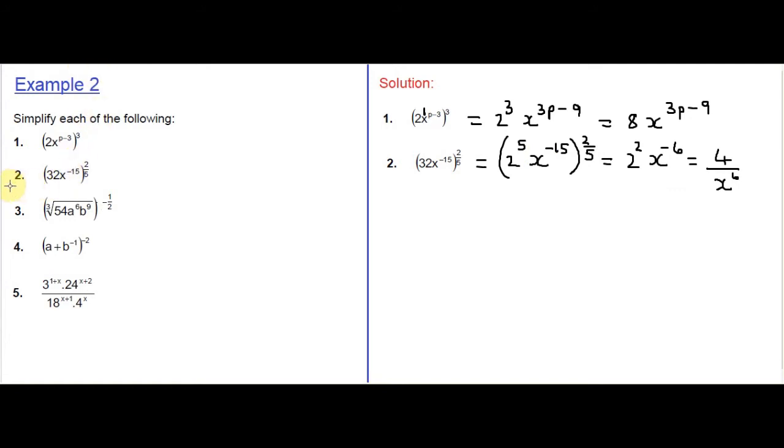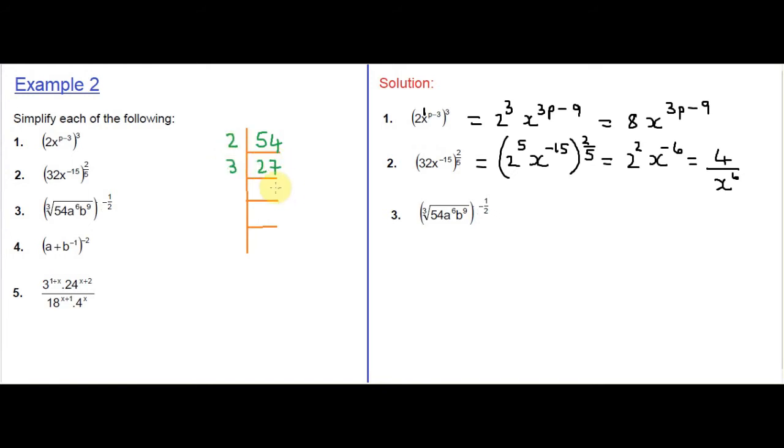Let's look at the third one. Here we're going to start by finding prime factors of 54. So we have 54. The smallest number into 54 is 2, and it goes 27 times.